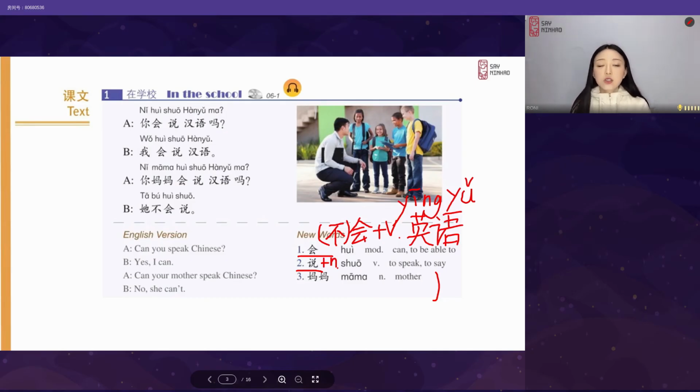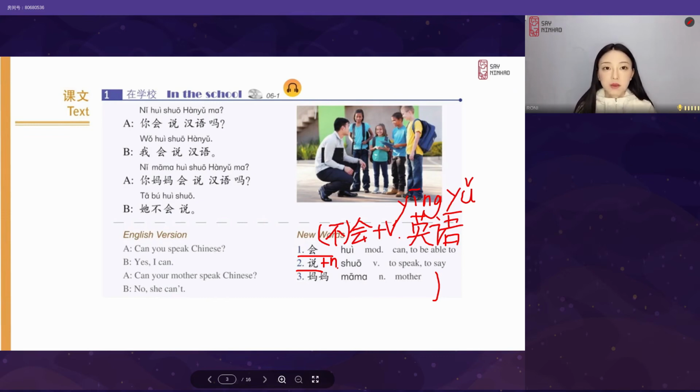So try to say Chinese speak Chinese. Try to translate this sentence. Chinese speak Chinese. It is 中国人说汉语, right? 中国人, 人 means human, person, okay? 中国人 means Chinese people. Chinese people speak Chinese is 中国人说汉语.